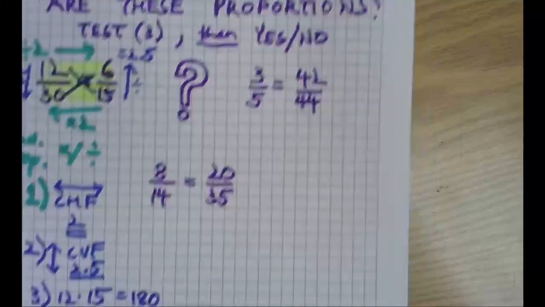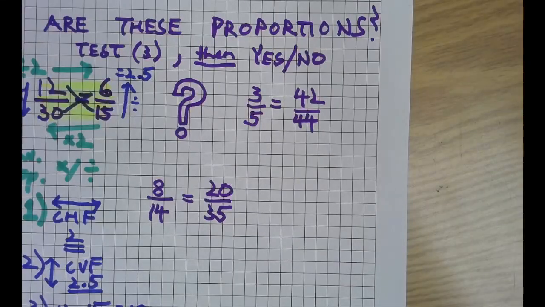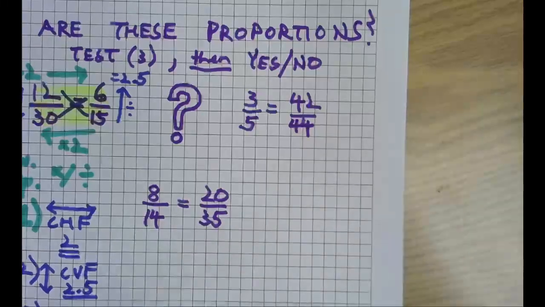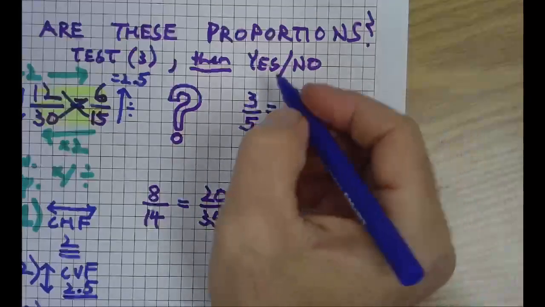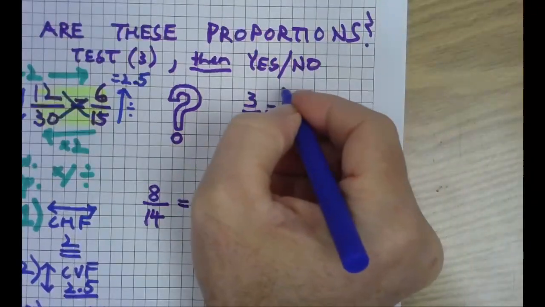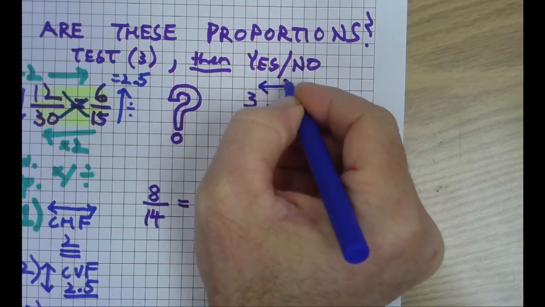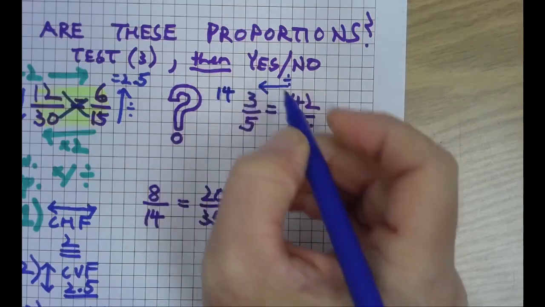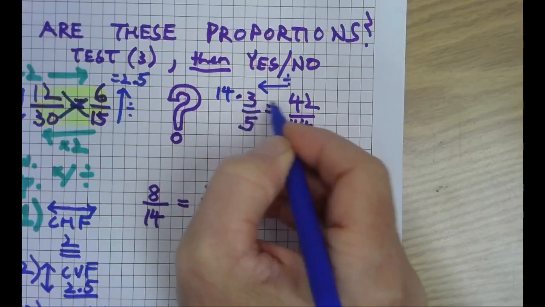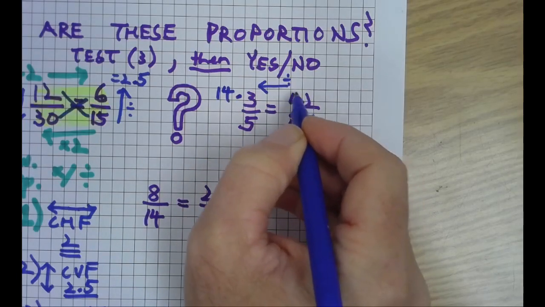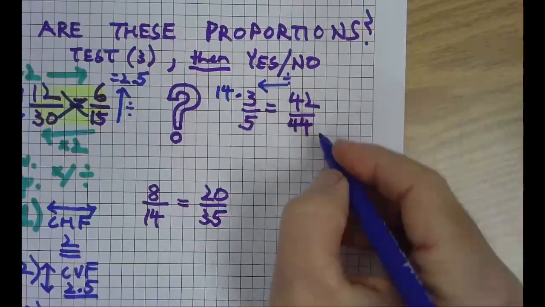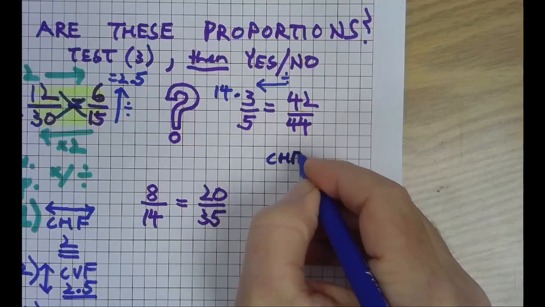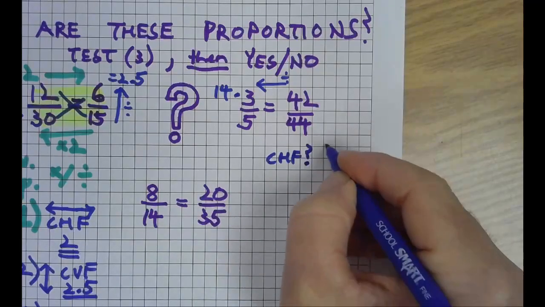So let's go over here to this one with the big numbers. And what do you notice here? I'm going to go this way on my calculator, and I see that 14 times 3 is 42, and 42 divided by 3 is 14. So I see a horizontal factor of 14. Common horizontal factor, question.